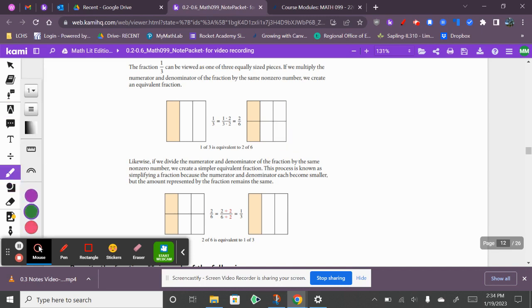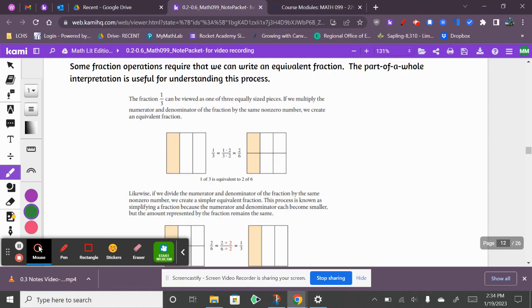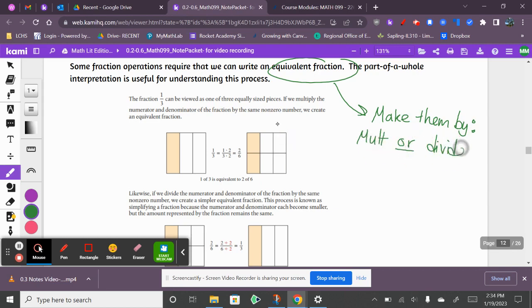One rule about equivalent fractions is that we can make them by doing one of the following. We can either multiply or divide the top and the bottom by the same value.